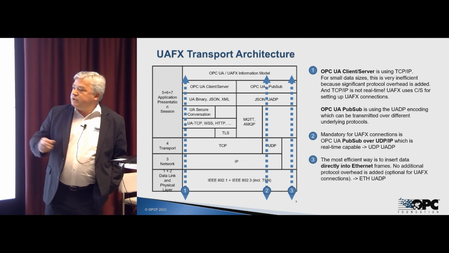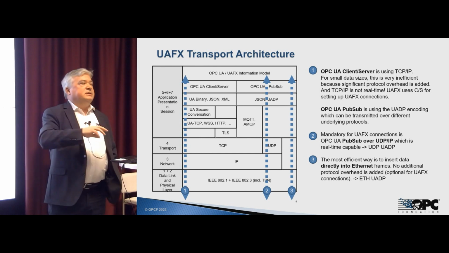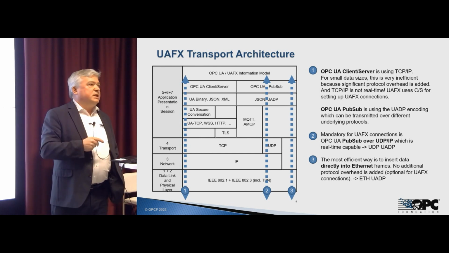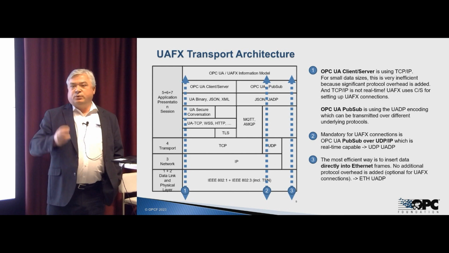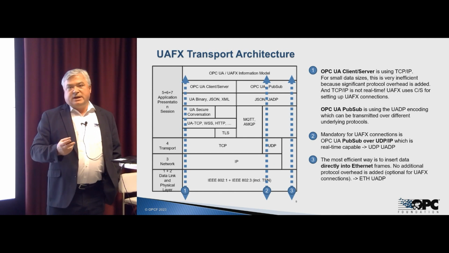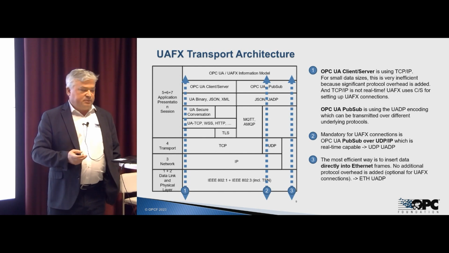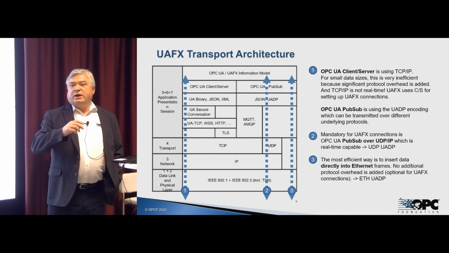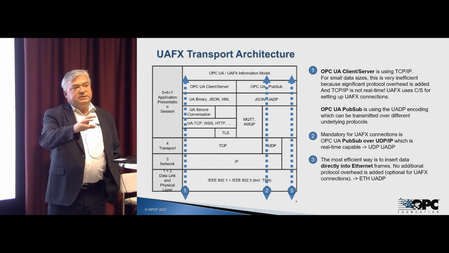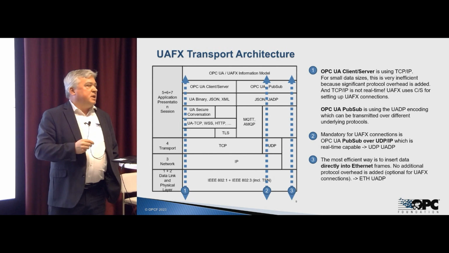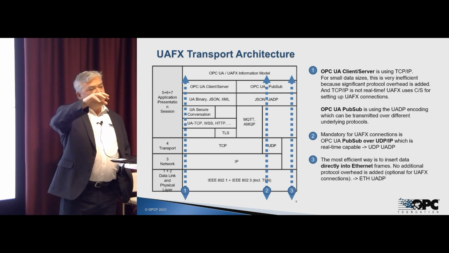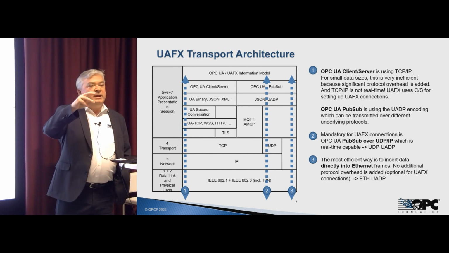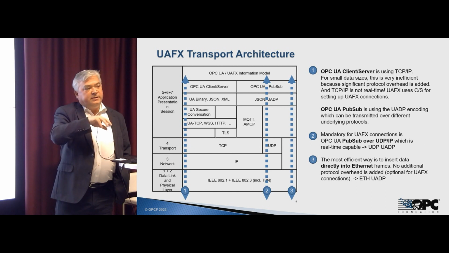And here we have to distinguish two different types. We have on the one hand side the PubSub over UDP, which is a routable protocol, but it's not extremely efficient. So this is here the number 2. But then if we go to higher performance, maximum efficiency, we are directly going from the PubSub UADP into Ethernet layer 2.